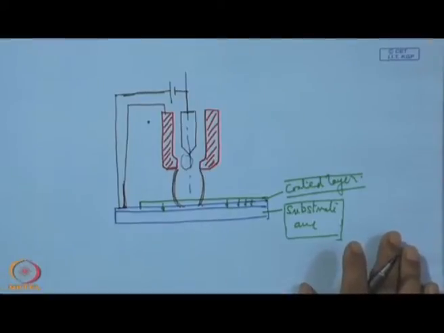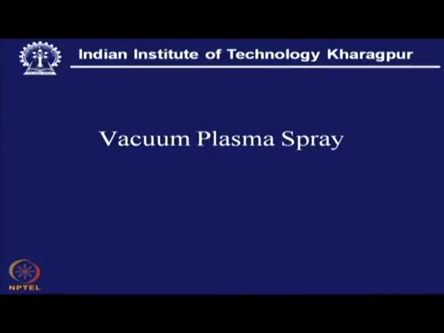These are actually done in open atmosphere, but now we can also have vacuum plasma spray. Vacuum plasma spray has the advantage that the whole substrate is protected against any possible oxidation because of the presence of oxygen in the open atmosphere, that we understand.